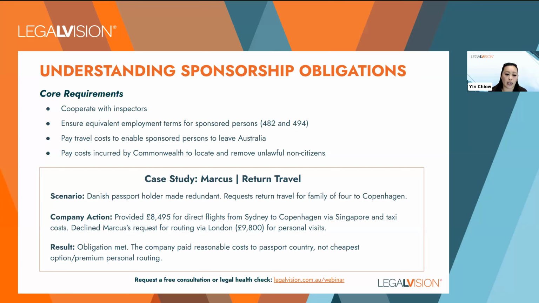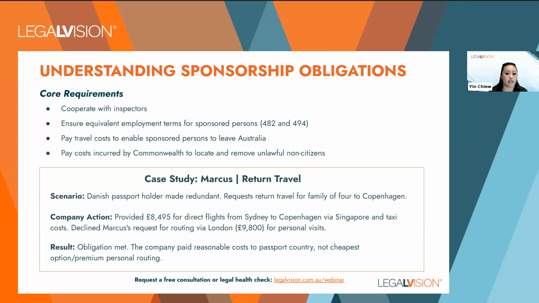So as a result, provided that the approved sponsor has undertaken their own independent research, because you don't need to be bound by the bill that the sponsored employee sends you. You can actually do your own independent research and determine these are the appropriate travel costs. I'll pay those travel costs. I've done my research. I've obviously recorded all this information, and I'm satisfied that I have met this obligation.